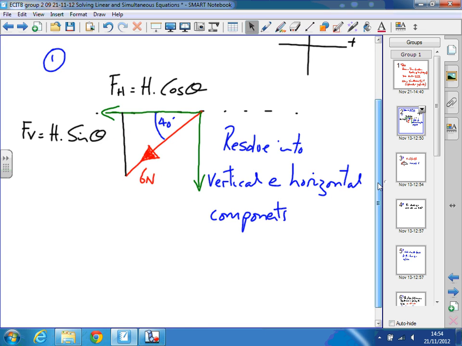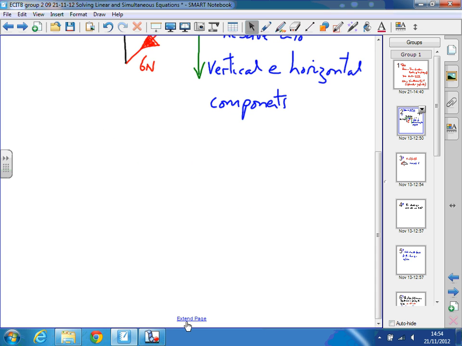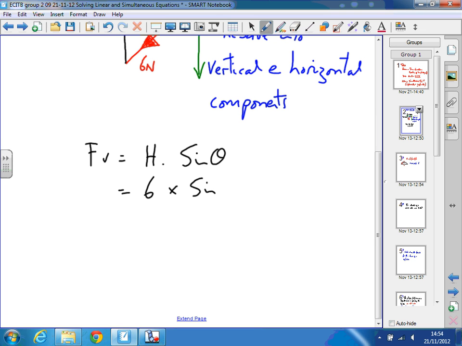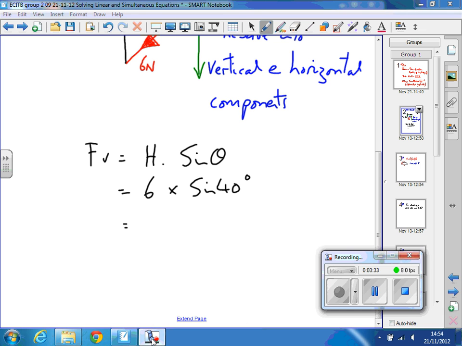Once we've found the size of the force, we then put on the sign. So we can now calculate F_V equals H times sine theta, which is 6 times the sine of 40 degrees, which is 3.856.